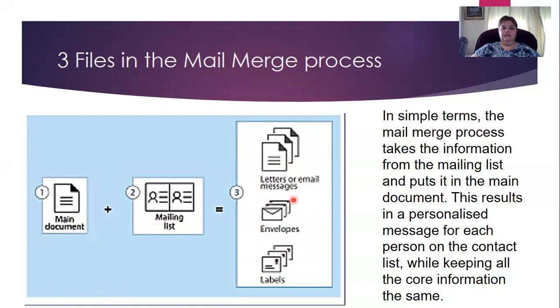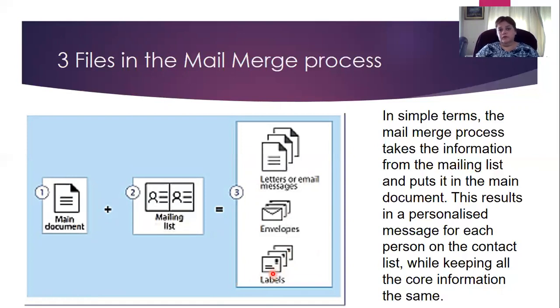I can even decide to print the addresses onto envelopes. So you will place a bunch of envelopes inside your printer and you're going to print all the addresses on there. And if I don't want to print directly on the envelope, I can print labels and afterwards go and stick the labels on.